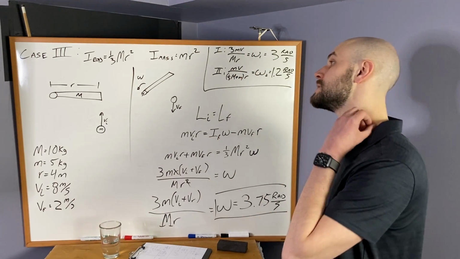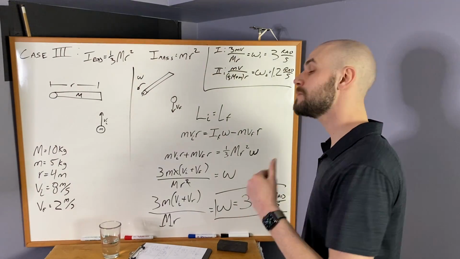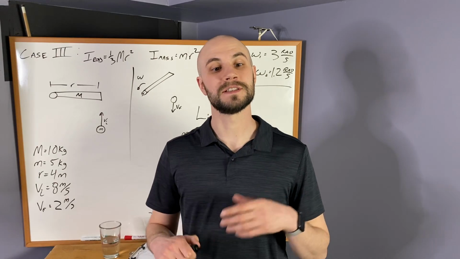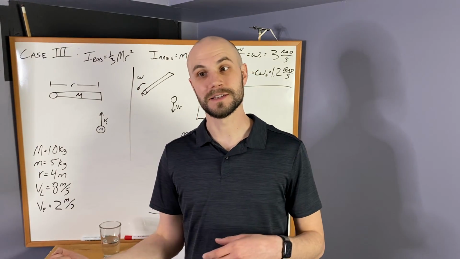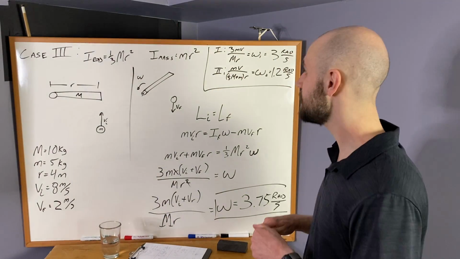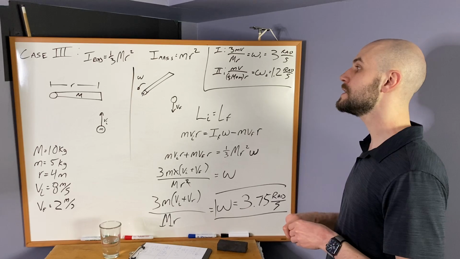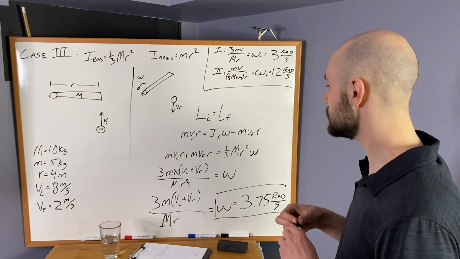Now, something else I want to discuss too. When we were looking at linear momentum, we were analyzing elastic collisions, inelastic collisions, and seeing if kinetic energy is conserved between the collisions or not. It's a little more complicated with angular momentum, but we can look to see if kinetic energy is conserved throughout all these collisions.